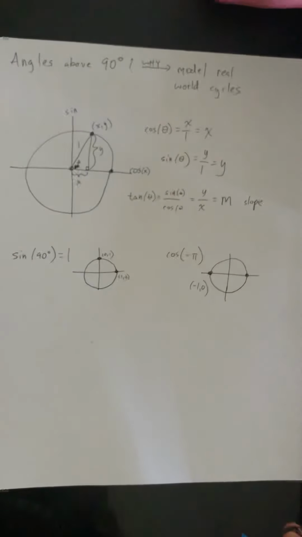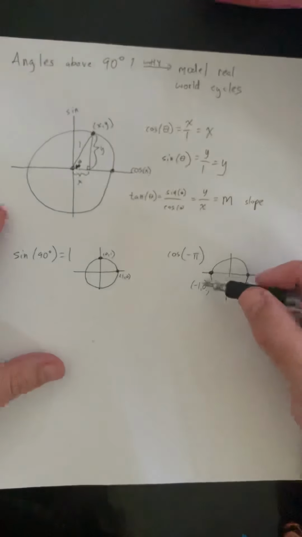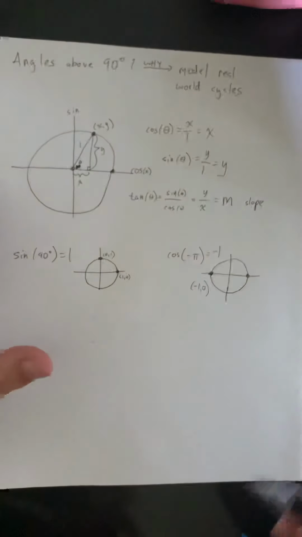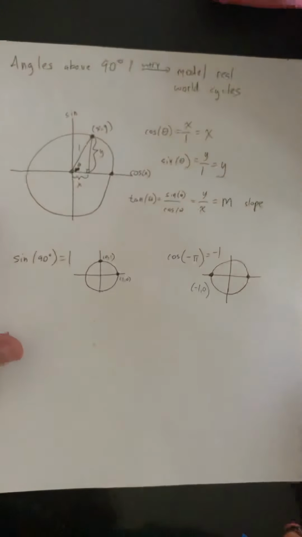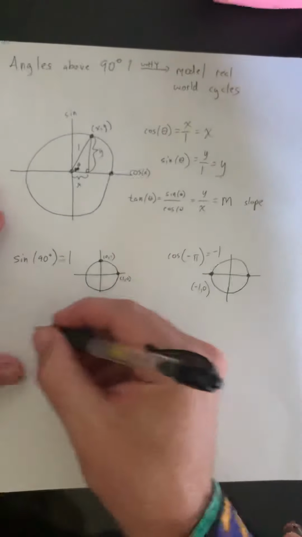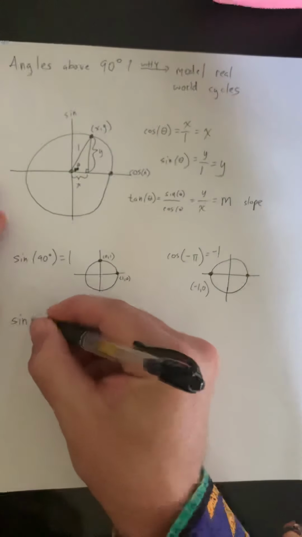Cos is the x-coordinate of your point, and that's negative 1 here. So boom, negative 1. So if you have angles divisible by 90, just draw the dot on the unit circle, write out what that point is, and just take the sine or cos, depending if it's the x or y coordinate.